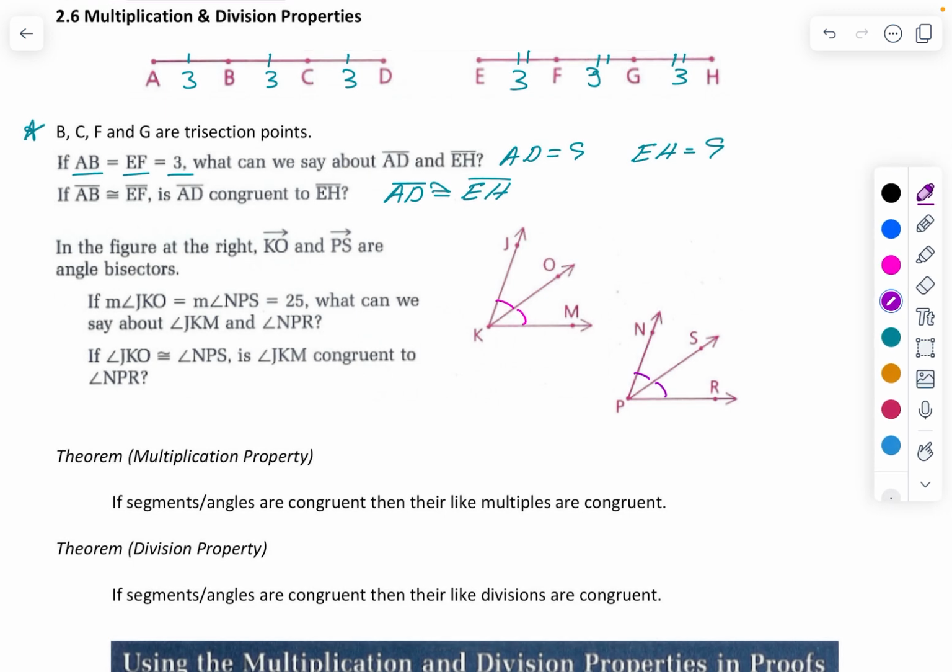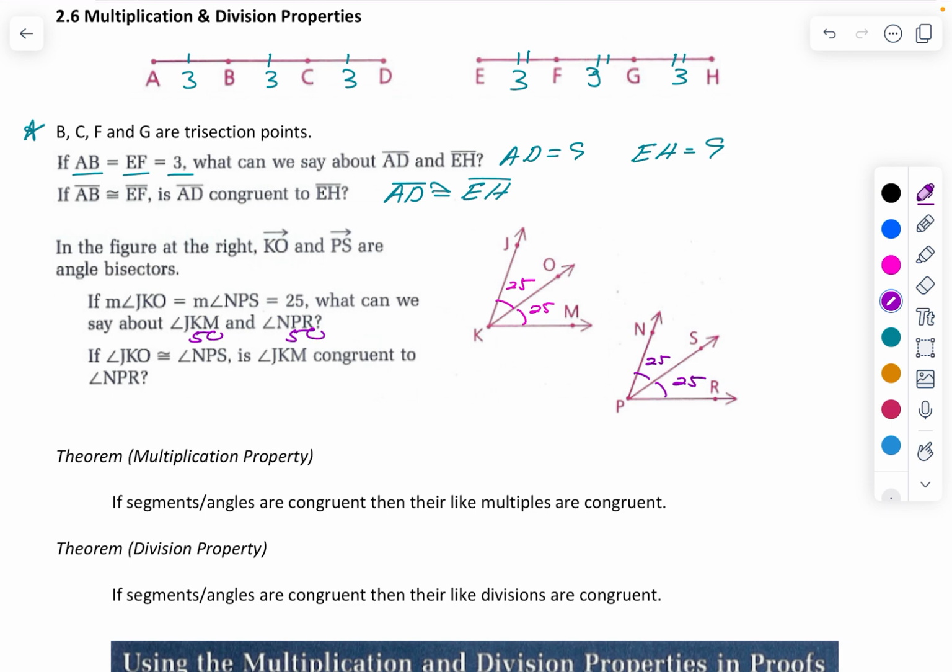So it says if the measure of JKO is 25, if we know this is 25, then we know that's 25. And if NPS is 25, then we know that's 25. And we know that JKM is 50, and we know NPR is 50.